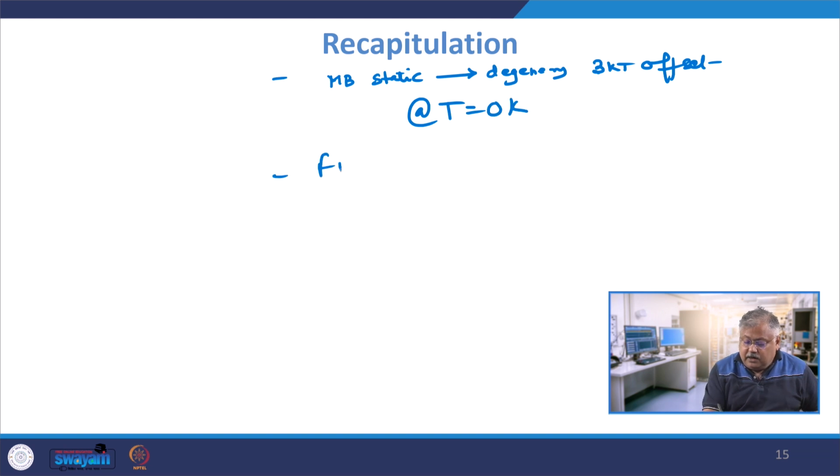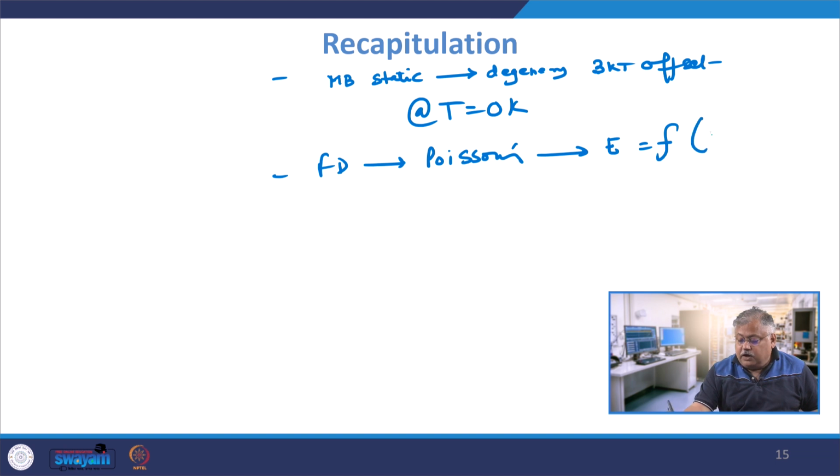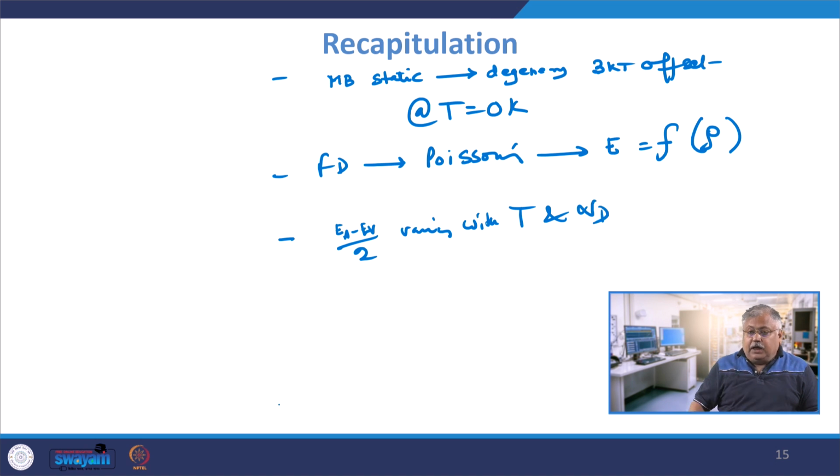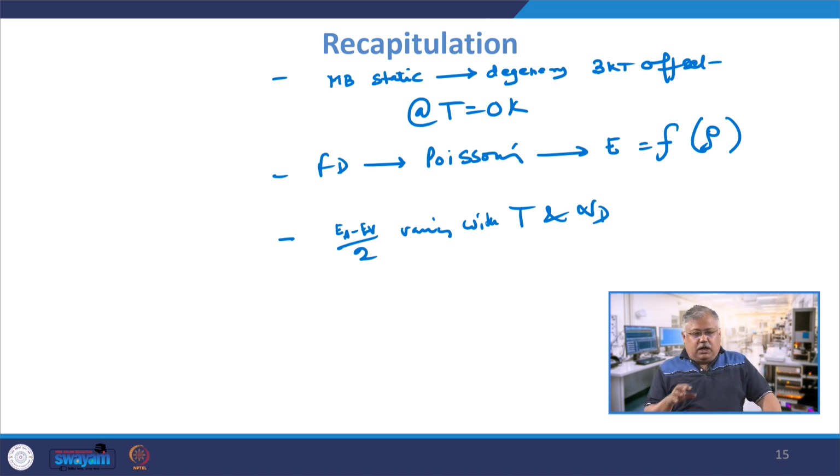Then we did FD and found the Poisson equation, in which we related the electric field to the net charge which is available. We also saw how Ea minus Ev varies with temperature and doping concentration ND, and this gives you a brief idea that when you start modeling, you need to ensure that non-degeneracy is already available to you.